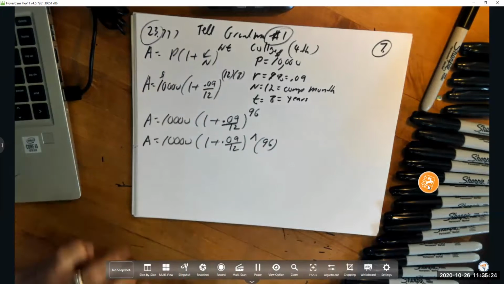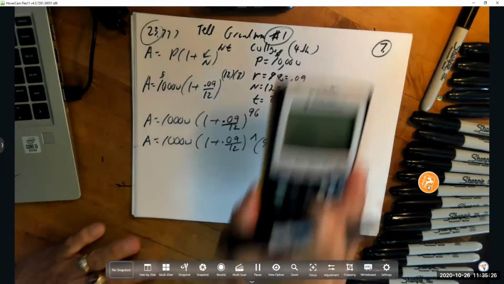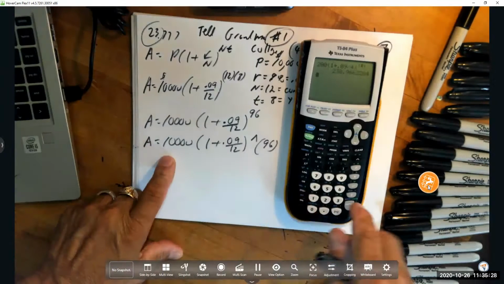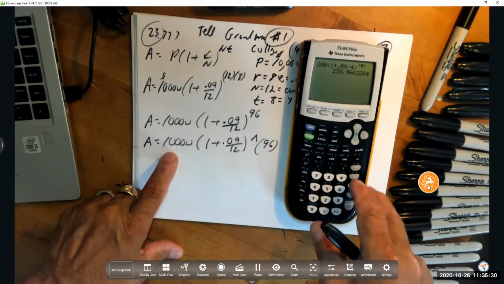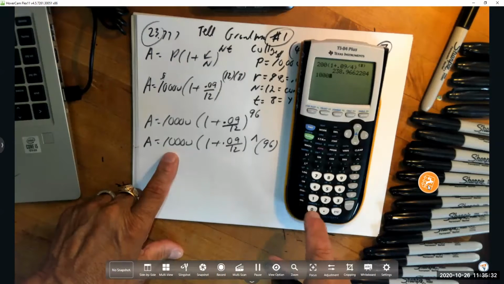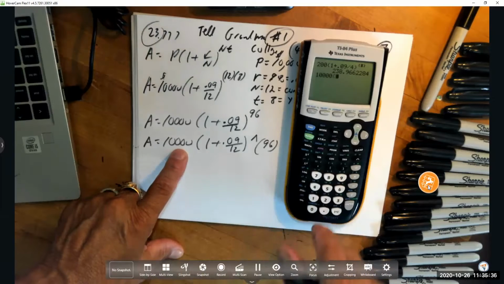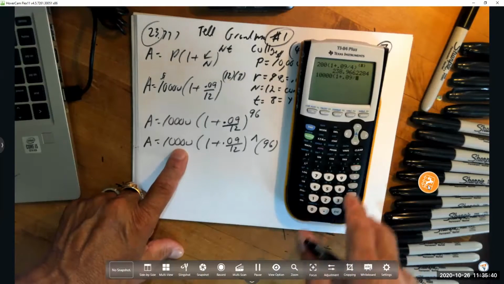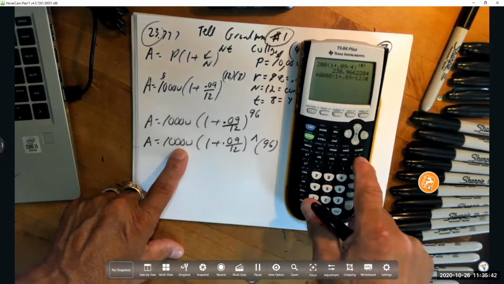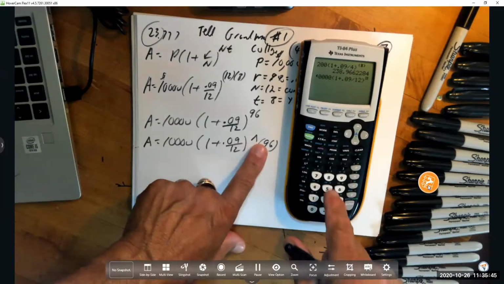So calculator, ready? I'm going to do it on my calculator. You do it also. I'm going to go 10,000 parentheses 1 plus 0.09 divided by 12 to the power of 96.